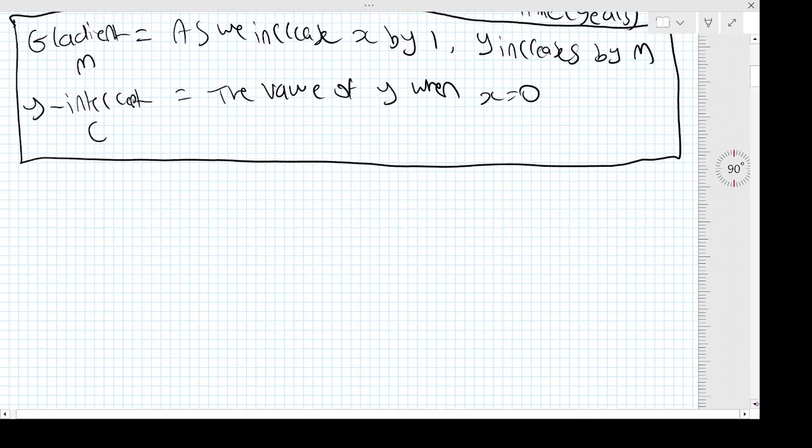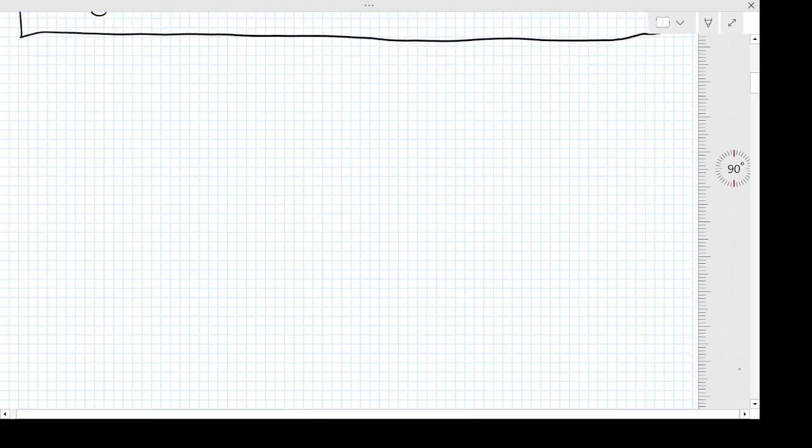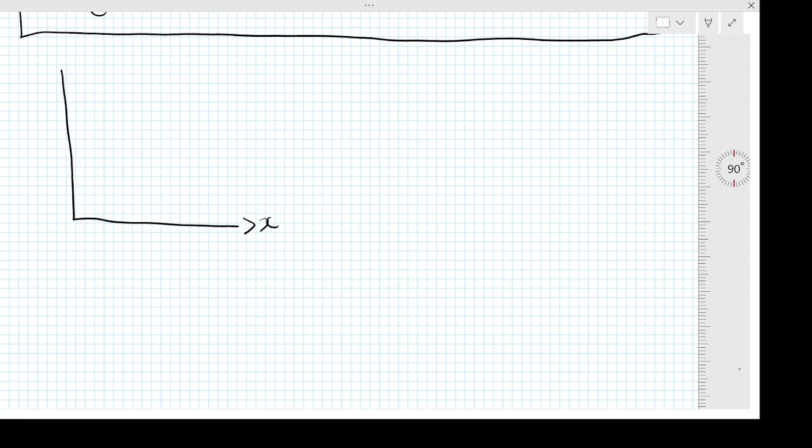Okay, lastly then, before I jump into questions, there's a particular type of straight line that you need to be familiar with. Again, we have this axis of x and y, and in particular, it's when it goes through the origin, okay? What we call this is a direct proportion.